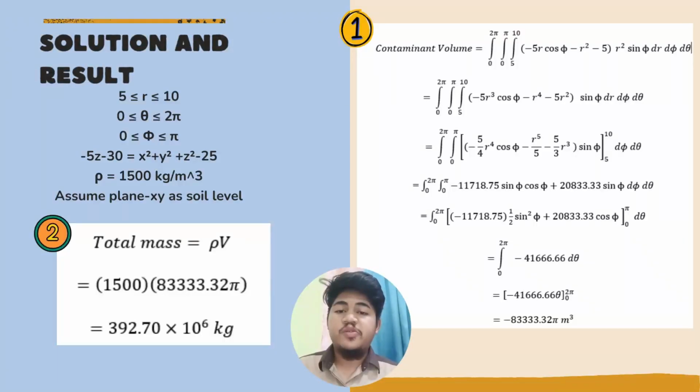From the problem statement, we can obtain much information to solve the problem. The range for R is 5 to 10 as the radius of the tank and spread of the contaminants. The range for theta is from 0 to 2 pi, meanwhile the range for phi is 0 to pi.